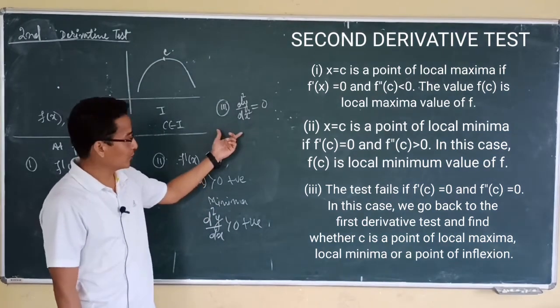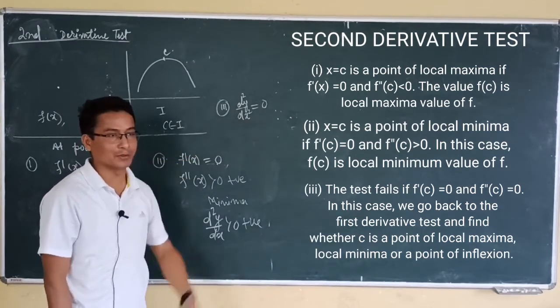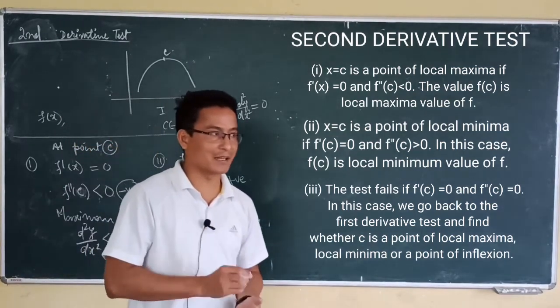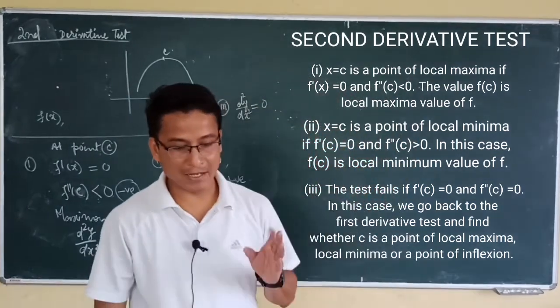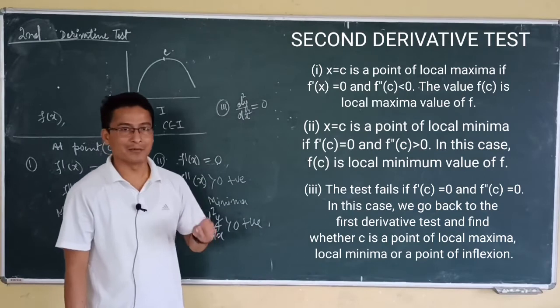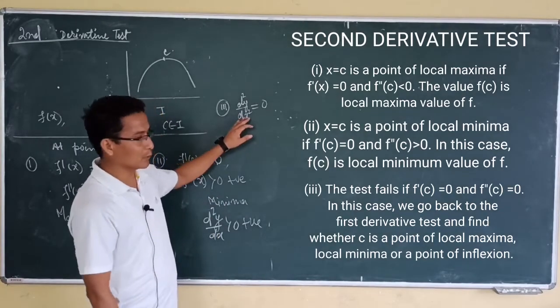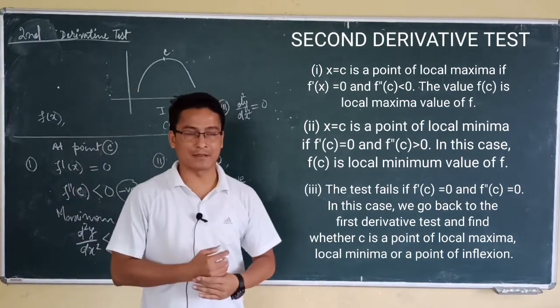And what if you get dy by dx equal to 0? When it is equal to 0, we do not say it is maximum or minimum. Then what can we do? We go again for the first derivative test.